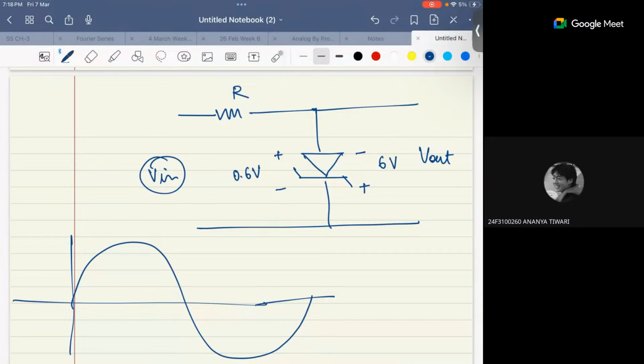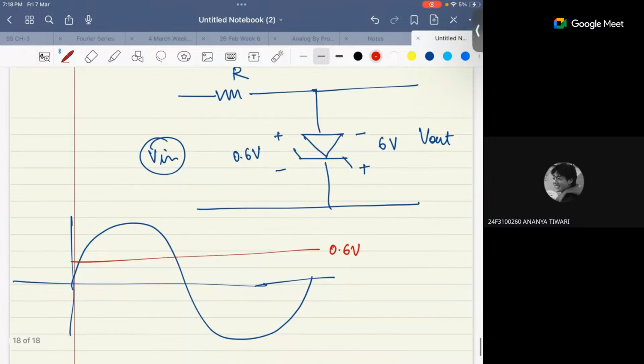Okay, I'll just ask. For example, this is 0 to 0.6 volt, and then you have 6 volt. From 0 to 0.6 volt, what will happen? Open circuit. The circuit will be open, reverse bias. Correct? How many of you are able to understand this?